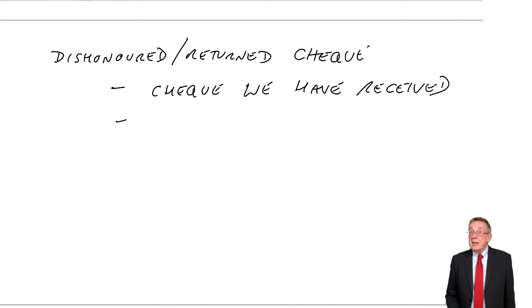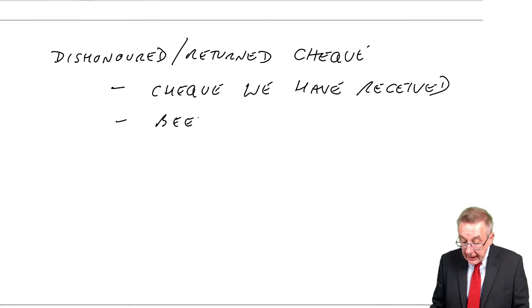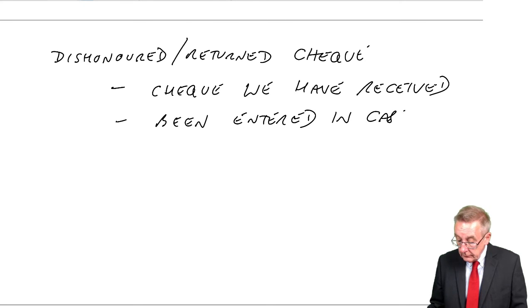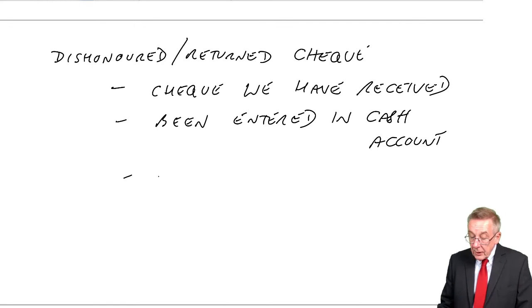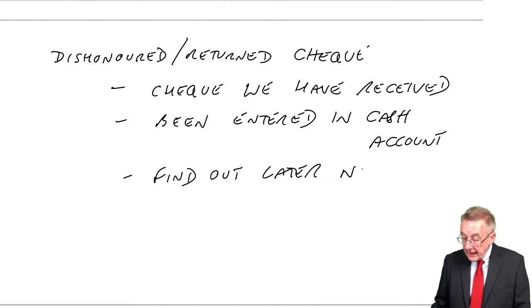So for the exam, this is always a cheque we have received, and of course, as soon as we receive a cheque, we don't know there's a problem. It'll have been entered in the cash account. But we find out later that there's no money.